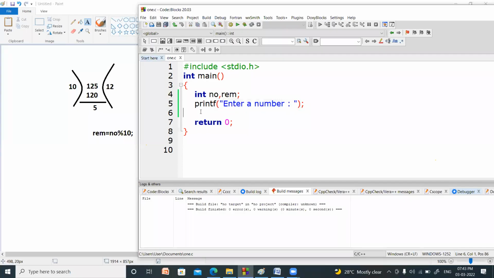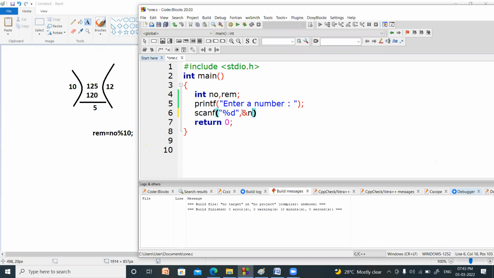Then you should type a number. That should be read. How to read the data? By using scanf. Here what do we have to read? A number. Number means integer. Integer means percentage D, the format specifier. After reading the data, we have to store it in the variable NO.